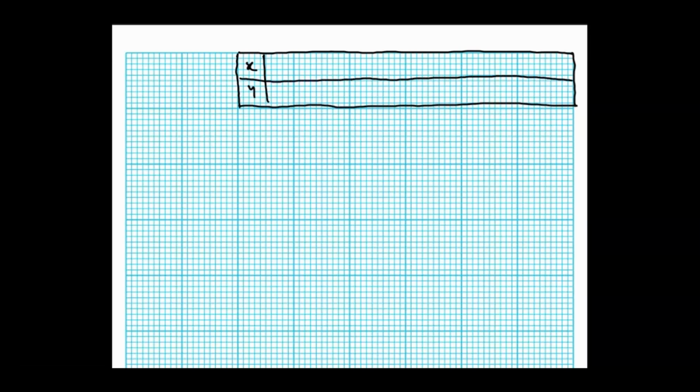We just copy our table of values as it is given in the question, but replacing p and q with the values we found in part A. So x, y like this. You can do this with a ruler, but since it's just a table of values, it's really unnecessary.